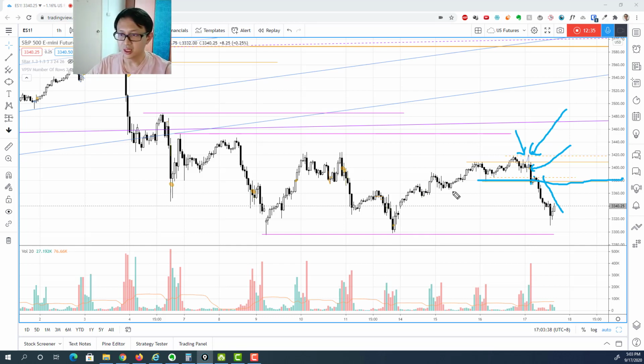I also talked about another level to watch around 3360 to 3350, but you can see that there wasn't any kind of support. It just penetrates straight through without hesitation.